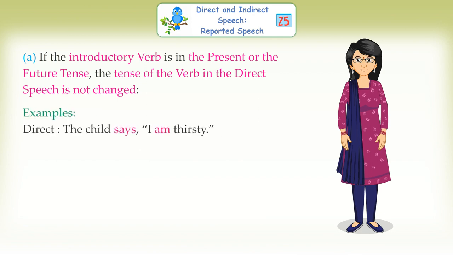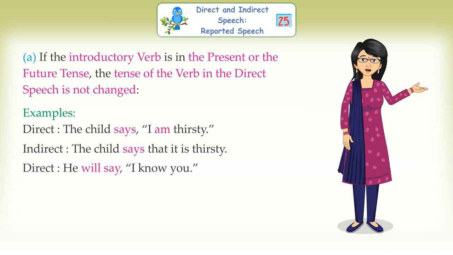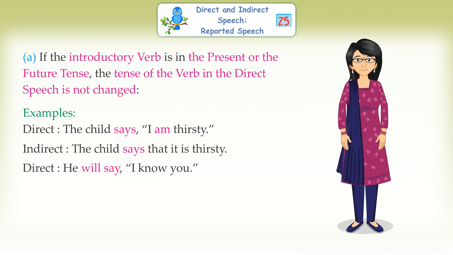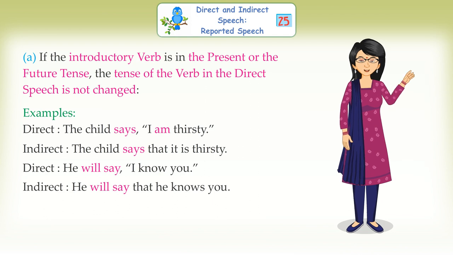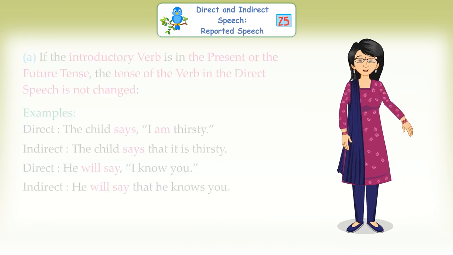Examples: Direct: The child says, "I am thirsty." Indirect: The child says that it is thirsty. Direct: He will say, "I know you." Indirect: He will say that he knows you.